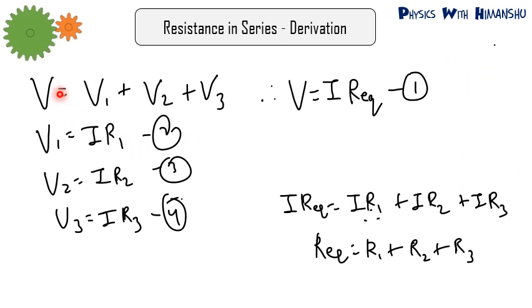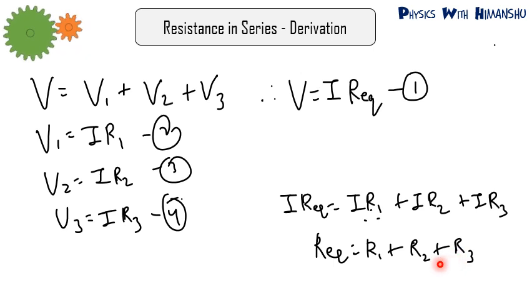So our next aim is to find the equivalent resistance. The total increase in potential is equal to the total decrease in potential, that is V equals V1 plus V2 plus V3. Putting V equal to I times R equivalent, V1 as IR1, V2 as IR2 and V3 as IR3, we get the equivalent resistance equal to R1 plus R2 plus R3.